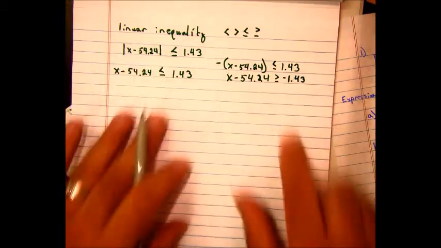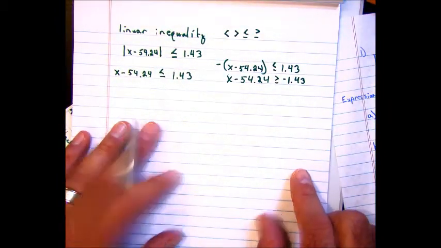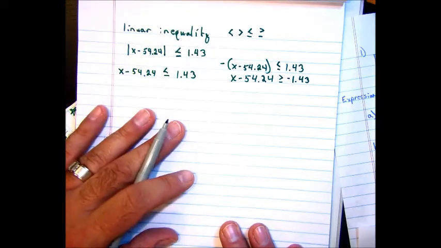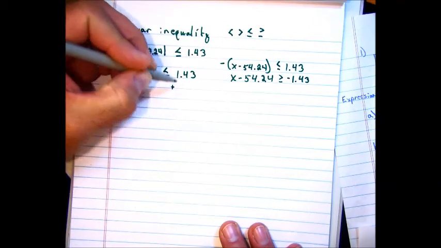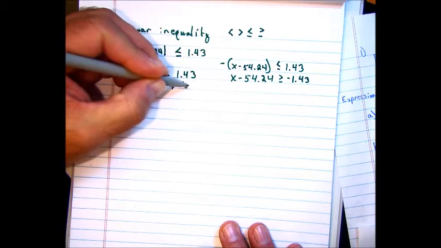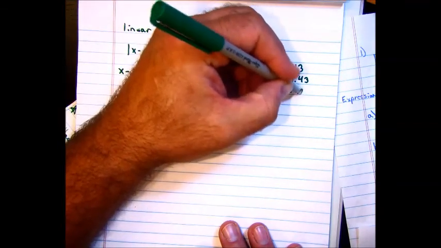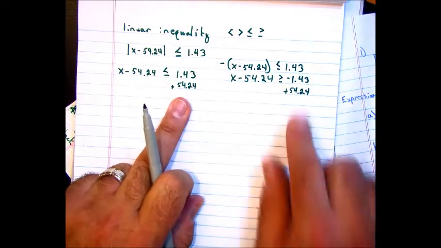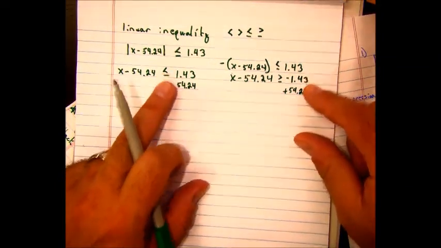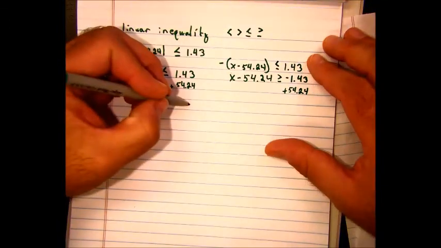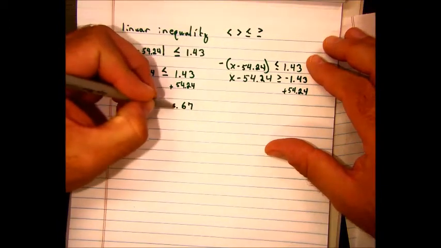And then you do the arithmetic, which is relatively easy, especially if you're using a calculator. On this side I would add 54.24. On this side I would add 54.24. Notice, the math is the same, the arithmetic is changing. In this problem I'm going to have what? Well, let's see, 7, 6, 5, 5.